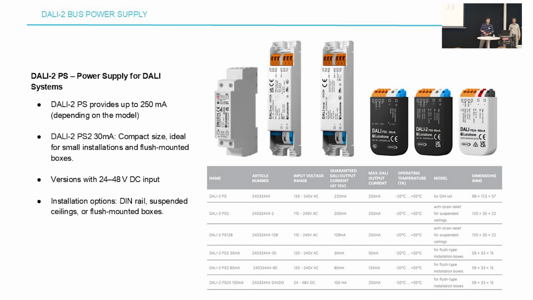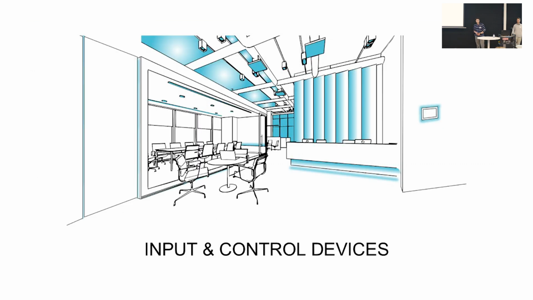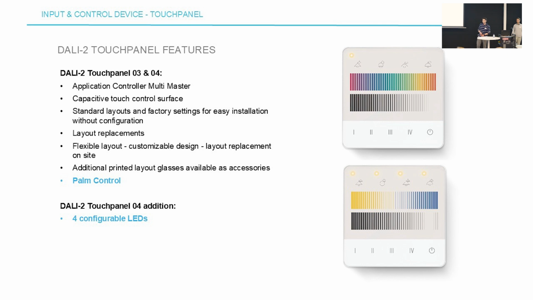So now we go over to the input and control devices. Let me introduce you to our touch panel 03 and 04. Both of these devices are highly flexible control units for any DALI bus. They have a capacitive touch control surface, and they come with a standard layout, so they are pre-configured.